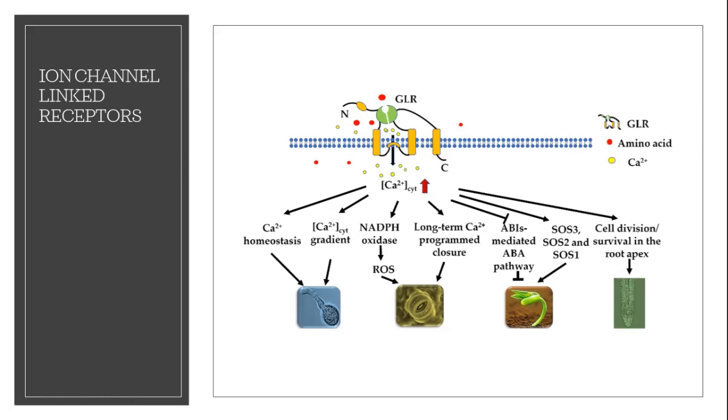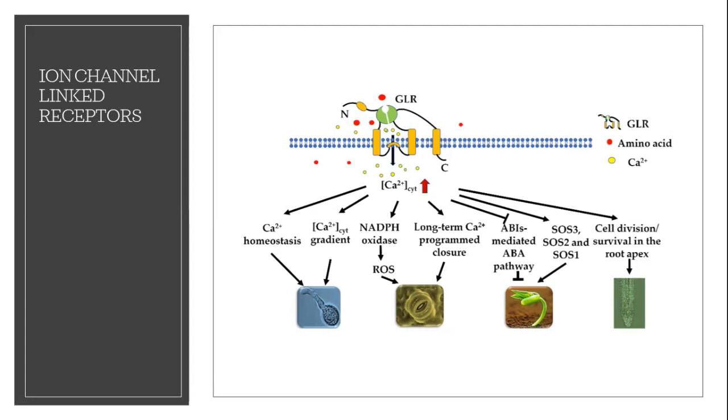So calcium ions, which are the secondary messengers produced after the binding of the amino acid glutamate to the GLR receptor, open the calcium ion channel, and once that channel is opened, calcium ion concentration inside the cell increases. This secondary messenger calcium can bring about a lot of changes, which include pollen germination, closure of stomata, seed germination.